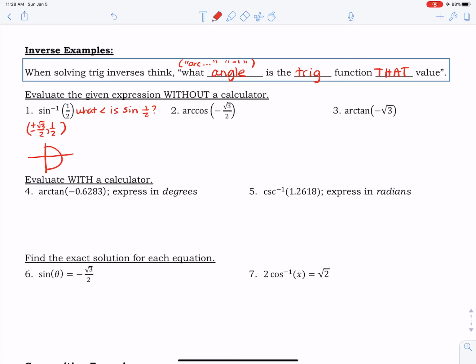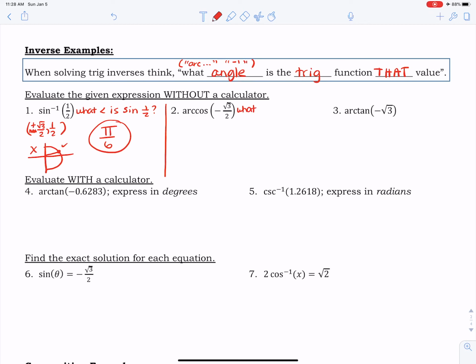So I think about my range. Positive, is that possible? Yep, yay. Negative is over here, and that's not possible. So we cross out the negative, and the angle is pi over 6. Ta-da! And we're done.